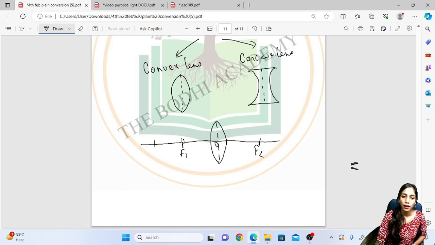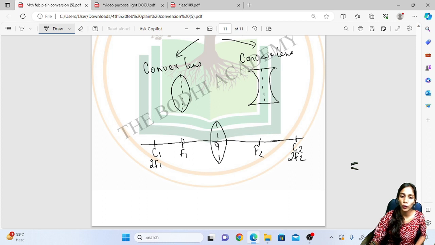Now, because there are two surfaces, there will definitely be two centers of curvature. This is called as C1 and this is called as C2. These are also called as 2F1 and 2F2.